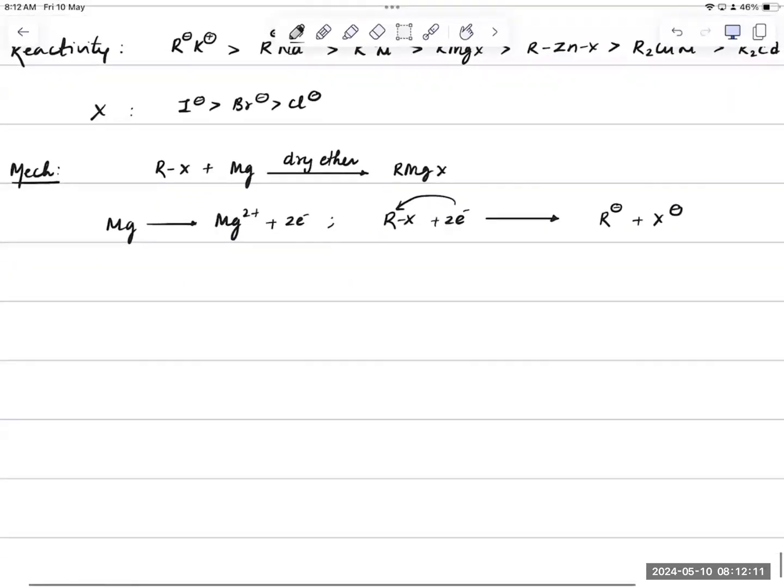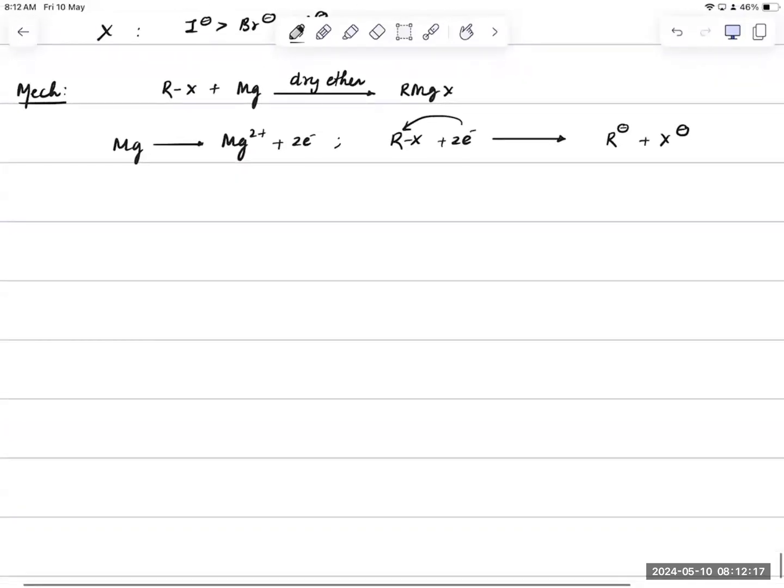Now you can imagine magnesium getting surrounded by this. Magnesium will be completely surrounded, so we will have something of this sort: Mg2 plus surrounded by solvent, from the lone pair support you get from the solvent, and at the same time R delta minus support is observed. This is how magnesium gets surrounded.